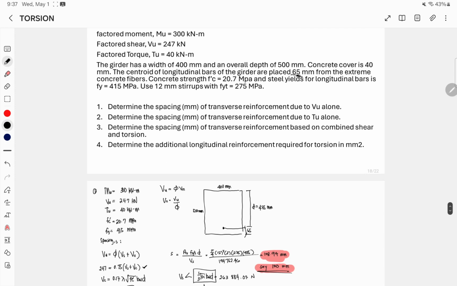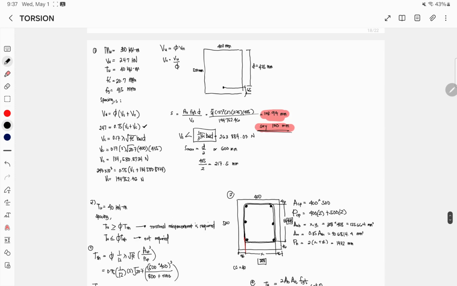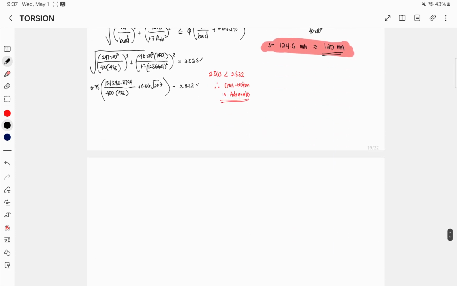Determine the spacing of the transverse reinforcement based on combined shear and torsion. For 3, na tayong formula about dyan, no? So, determine the required spacing. For the combined, we have the S is equivalent to dalawang AS, wherein yung AS natin is just the value of one leg only. So, may multiplier tayong 2.